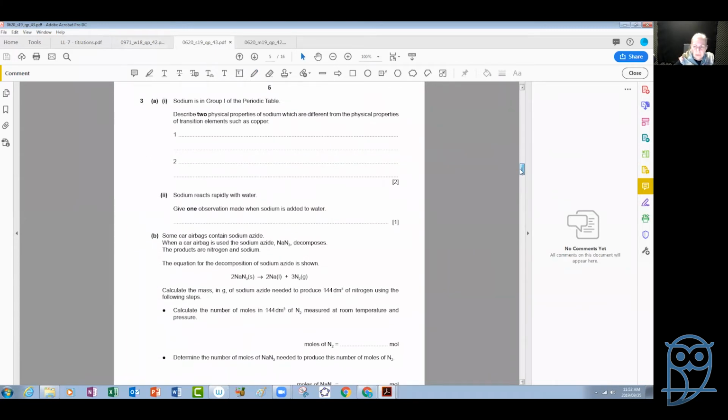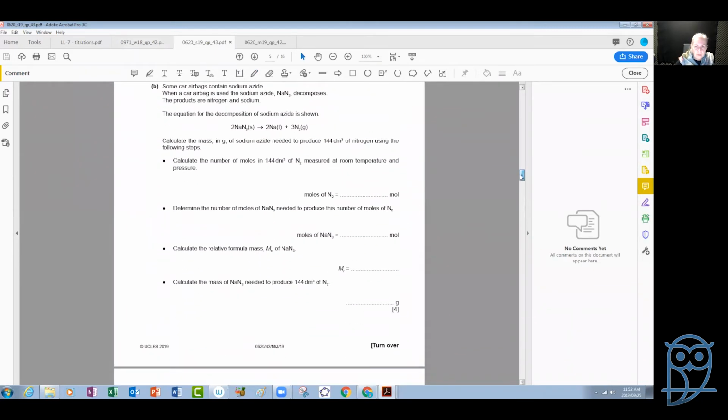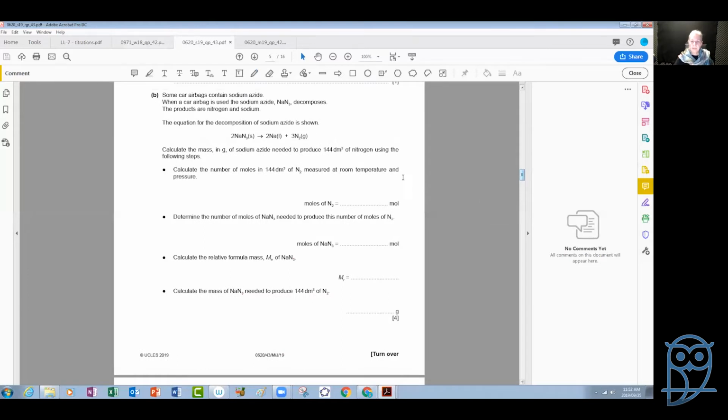This is part of question number 3 of a recent exam paper from this year, and part B concerns the topic that we are covering now with mole calculations. Let us see what it says.